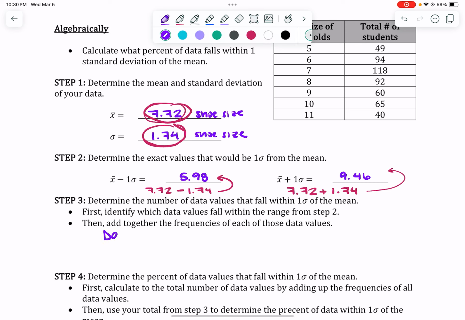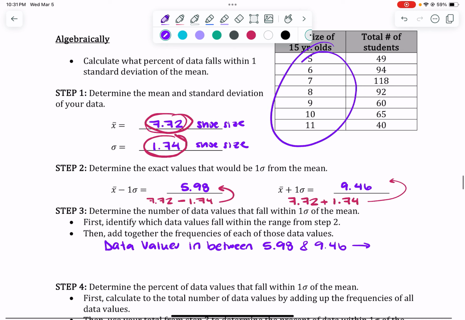So I'm going to write data values in between 5.98 and 9.46. And these are my data values, right? This first column is my set of data values. Which of those numbers fall in between 5.98 and 9.46?